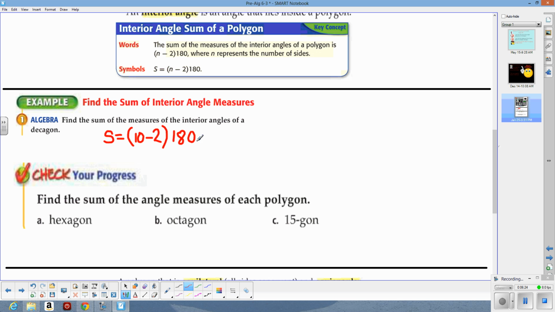At this point, you can either type in your calculator 10 minus 2, hit the equal sign, and then times 180, or make sure you put this in parentheses so it knows to do the subtraction before it does the multiplying.